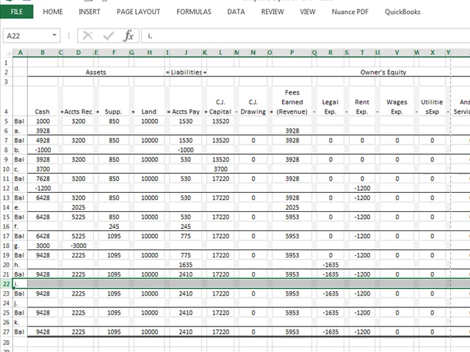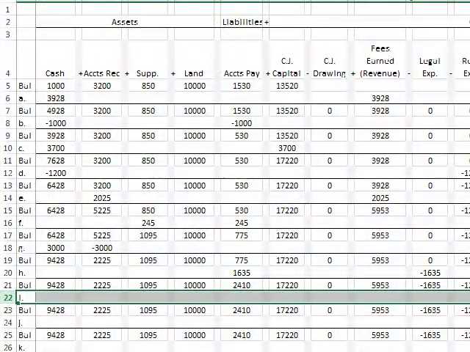Transaction I, paid the following: wages expense, $850, utilities expense, $325, answering service expense, $250, and miscellaneous expense, $75. The way we're going to record this is as one big transaction, generally referred to as a compound transaction because more than one thing is happening here.